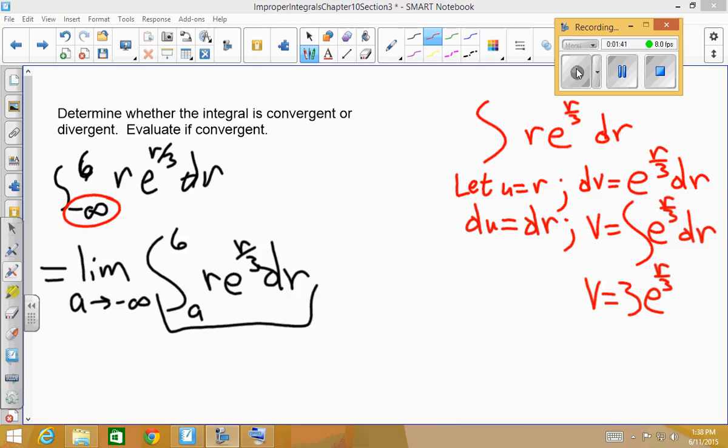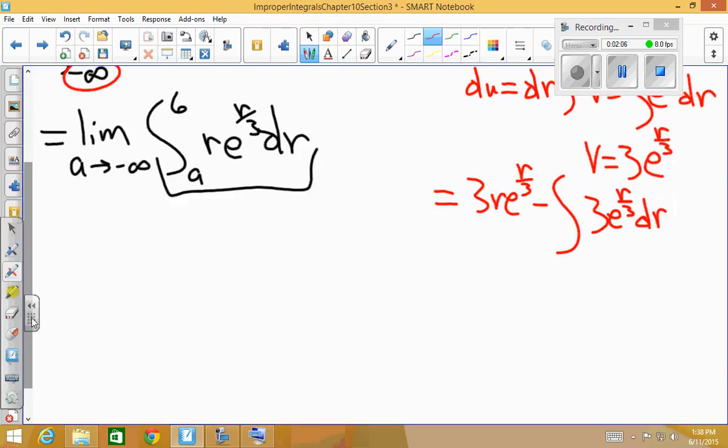So then we're ready to apply the integration by parts formula. Integration by parts says that you get u times v, so 3re to the r over 3, minus the integral of v, 3e to the r over 3, du, which is dr. So 3re to the r over 3 minus, when we integrate 3e to the r over 3, we get another factor of 3, so this actually becomes 9e to the r over 3.